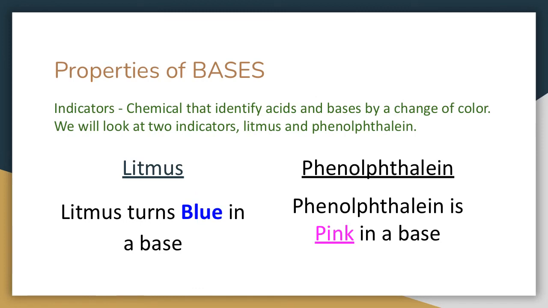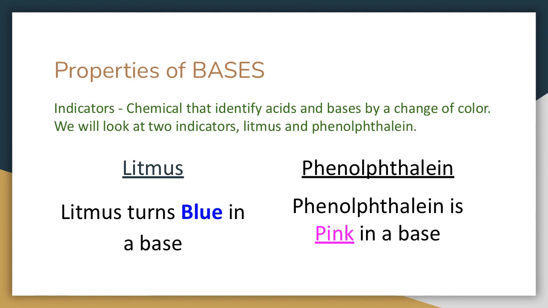So if we have blue litmus and we touch it to a base, it's going to stay blue. If we have red litmus and we touch it to a base, it's going to turn blue. Phenolphthalein is the other one. Phenolphthalein is going to be pink in a base. So it's this very vibrant, highlighter pink that you are going to see when you have phenolphthalein inside of a base.